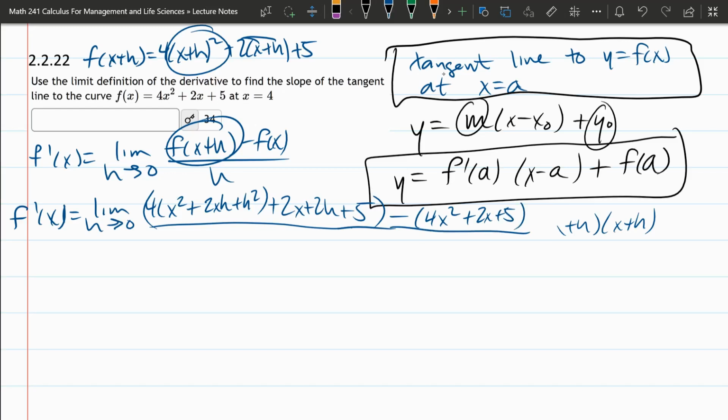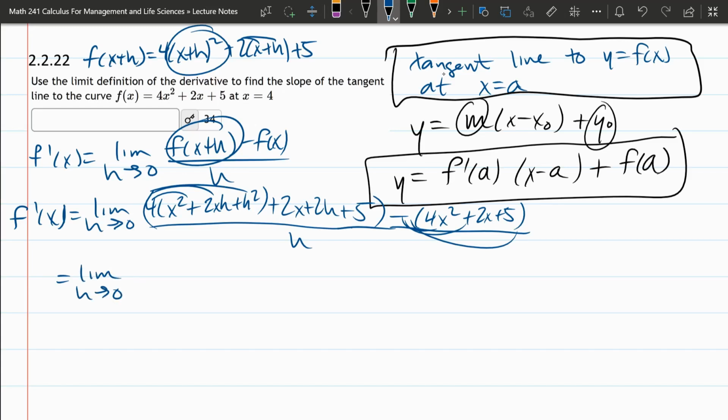And now I need to get that out of there. All this divided by h. Okay, let's distribute the 4. I'm going to distribute the 4 into these, and I'm going to distribute the negative sign over here to these.